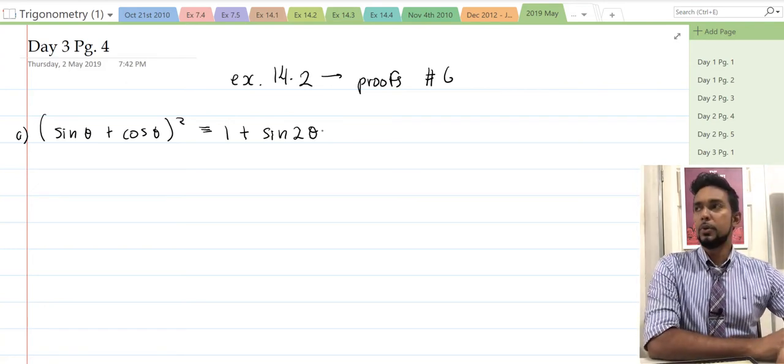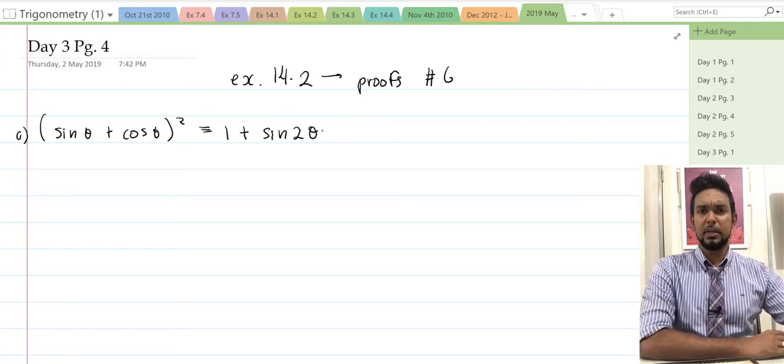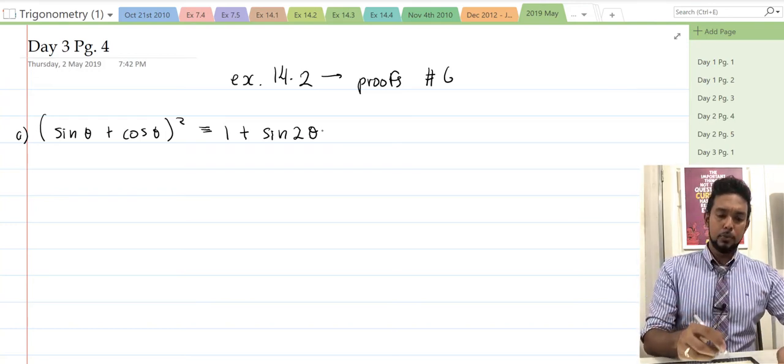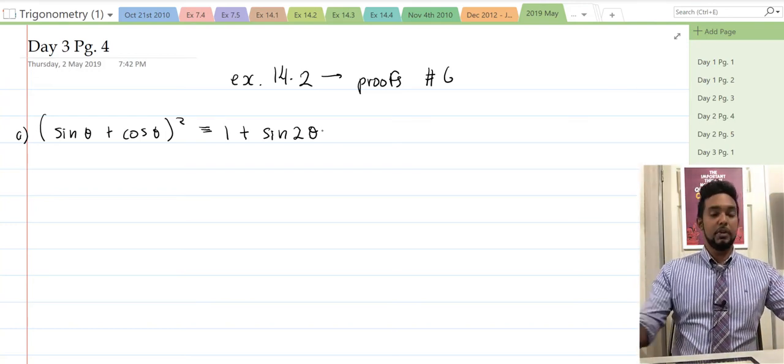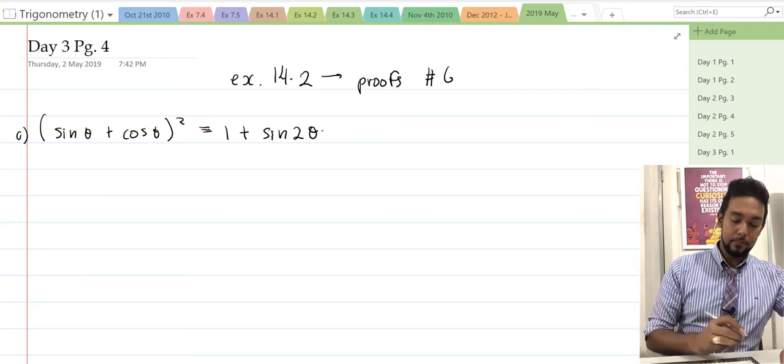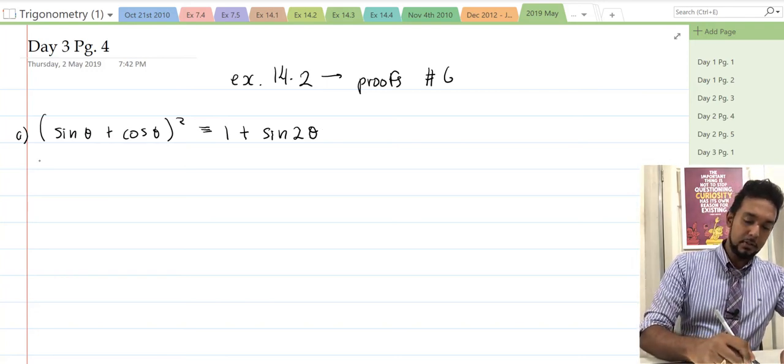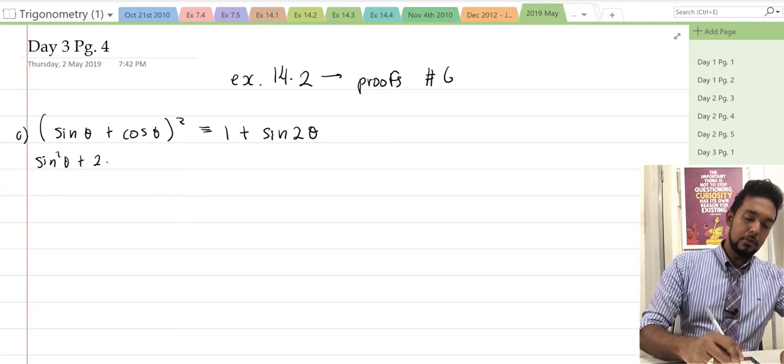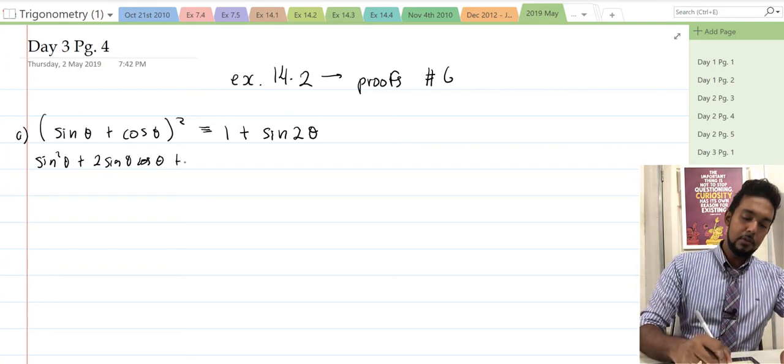All right. So we could treat it a little bit. We could say, okay, sine 2 theta is what? 2 sine theta cos theta, right? Okay, cool. So let's expand. We need perfect squares, right? So if we expand sine theta plus cos theta all squared, we get a squared plus 2ab plus b squared.